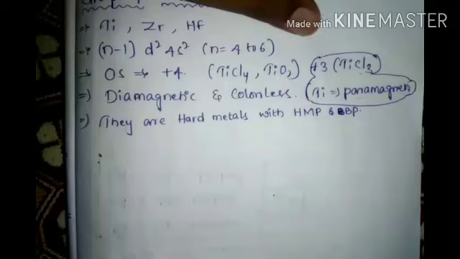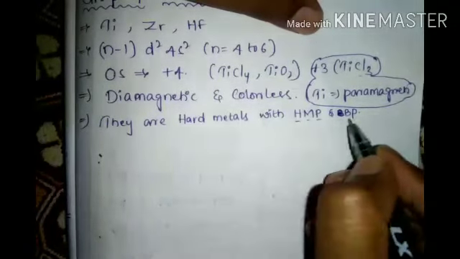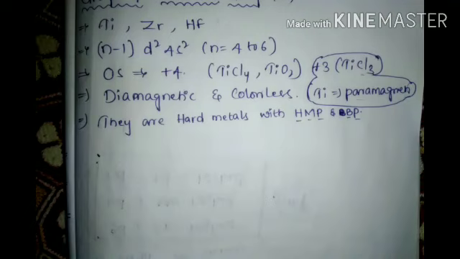High melting point, boiling point. H means high, M P means melting point, B P means boiling point. They are hard metals with high melting and boiling points. Very, very important.